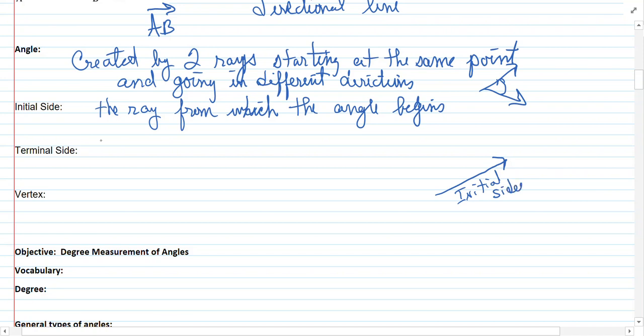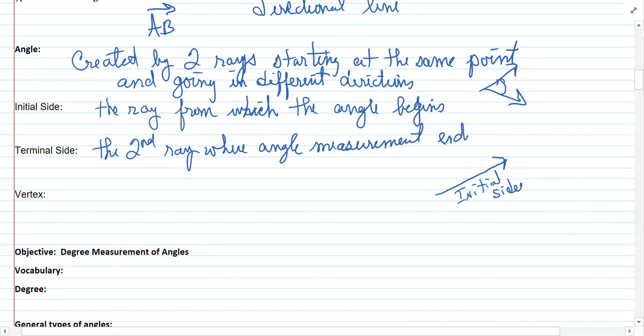Then we have the terminal side. So I could have my angle go like this, and this is my terminal side. And you're saying, well, how do you know? Well, there's another little notation of this side, a circular arrow showing initial side to terminal side.